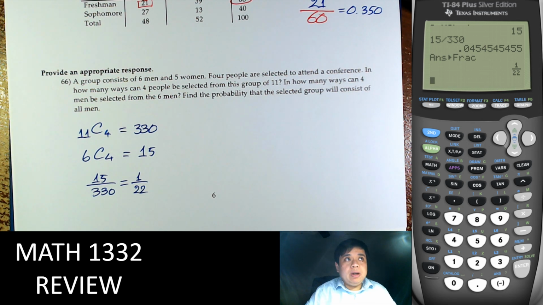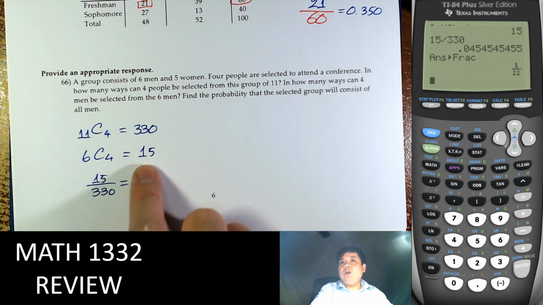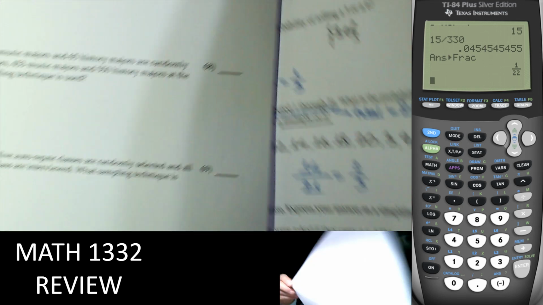Right. So how many do we have in total, regardless of men or women? We have 4 out of 11, and after that 4 out of 6. And we have 15 in that particular case over 330 of the whole thing.